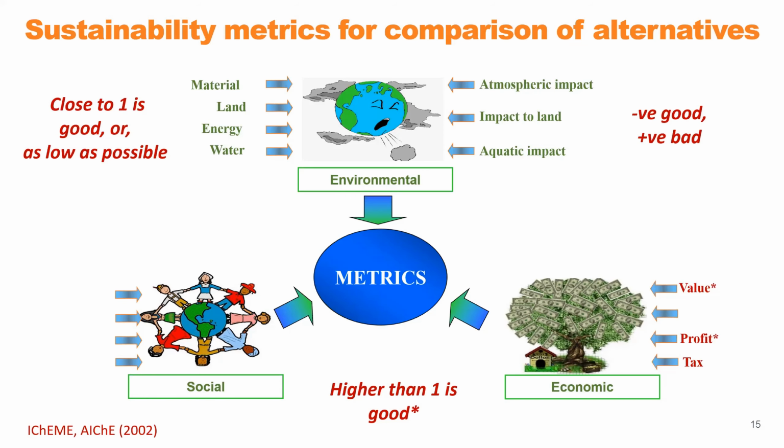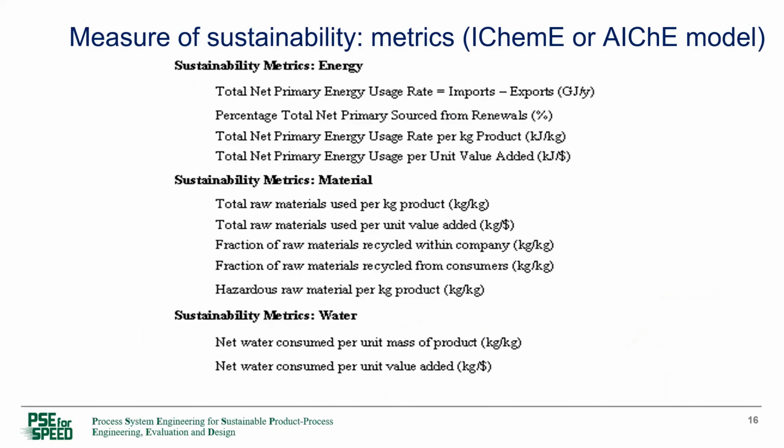So if we write down some of those metrics, for example, if you look at the top, total net primary energy used, or total net primary energy used per kilogram of product. So all of these things that you see on the screen can be calculated if we have the simulation results.